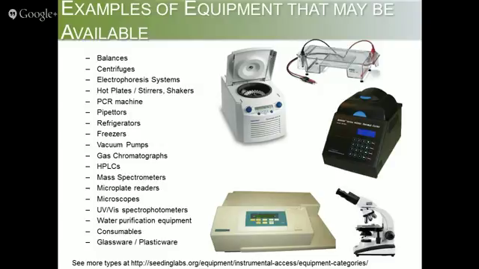What you see here is an example of some types of equipment that may be available. For a full list, you can see types of equipment at the link on the slide. Although our inventory fluctuates, participants can expect during their selection window to see a large subset of these types of equipment.